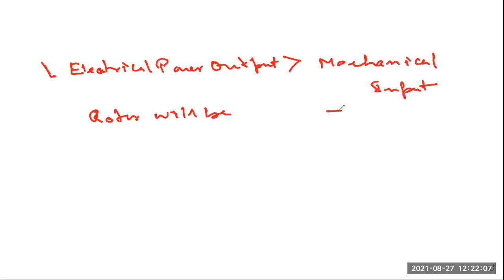Your input is PM and your output is P. When output is more than input, the rotor will be decelerated.